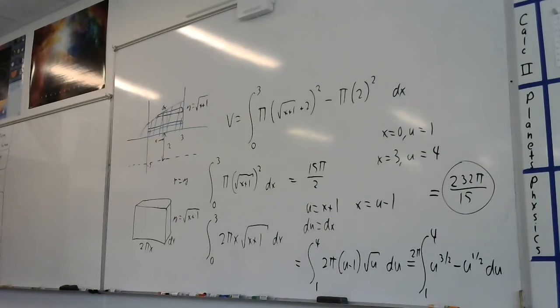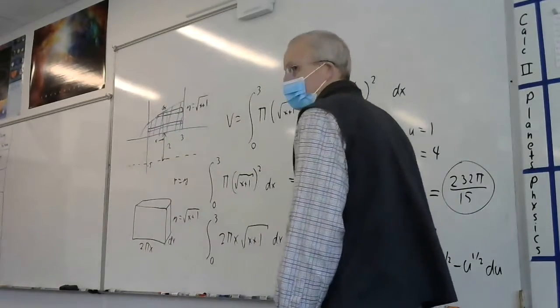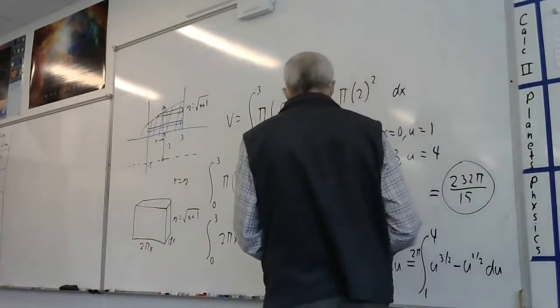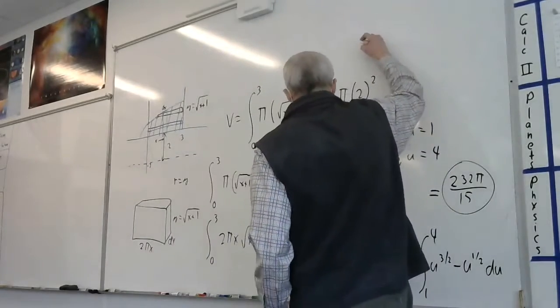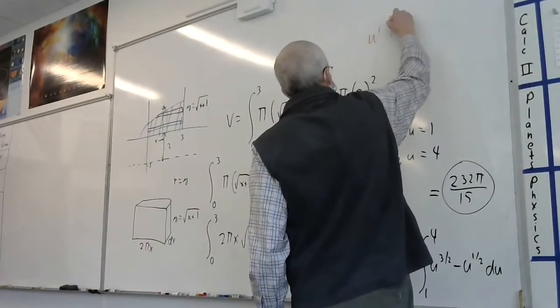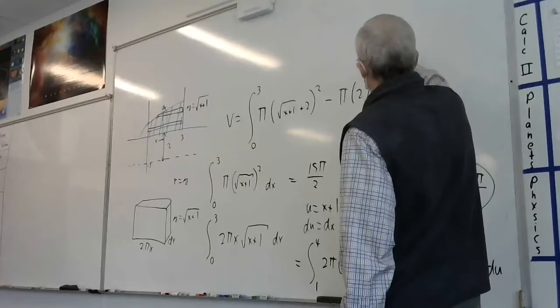Can you just go over how you got u to the 3/2? Square root of u times u. You got to show all your work really well. So u is u to the 1 times u to the 1/2. And when you multiply common bases, you add, right?